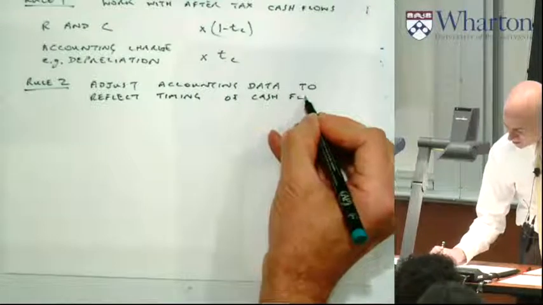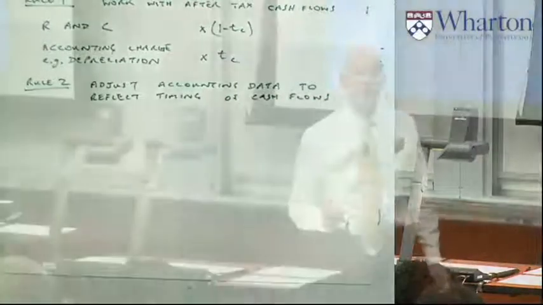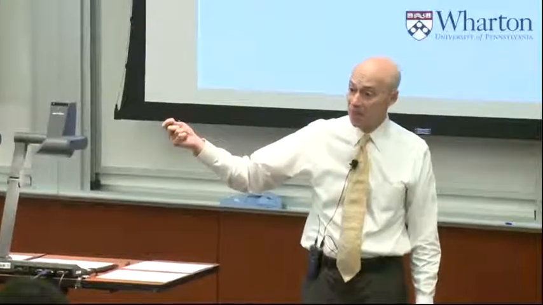Now the way that we do that is how? What's the thing that we use to reflect these timing differences? Well, accounts receivable or what? They're an example of a... So that's what we're going to end up. We're going to look at the change in the working capital, because accounts receivable are a current asset, accounts payable are a current liability.